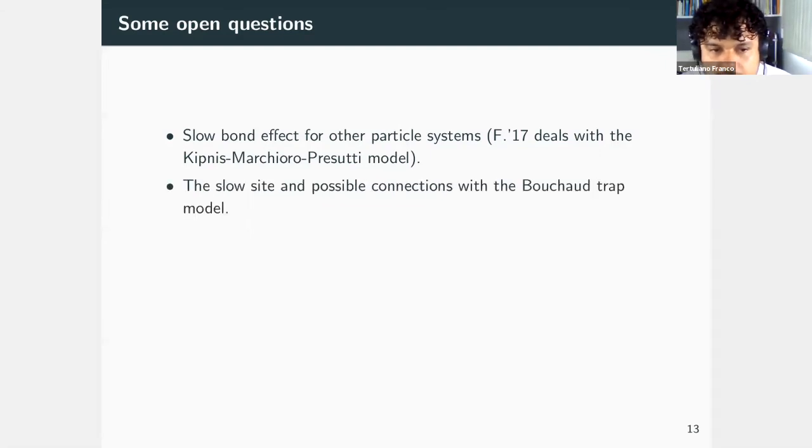Also these slow sites are a very challenging problem, with possible connections with the Bouchaud trap model. The slow site is a trap. So how does it connect with the Bouchaud trap model? Maybe about aging. I don't know. There is a lot to do.